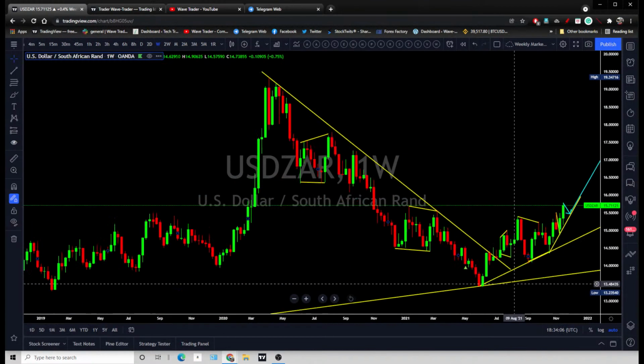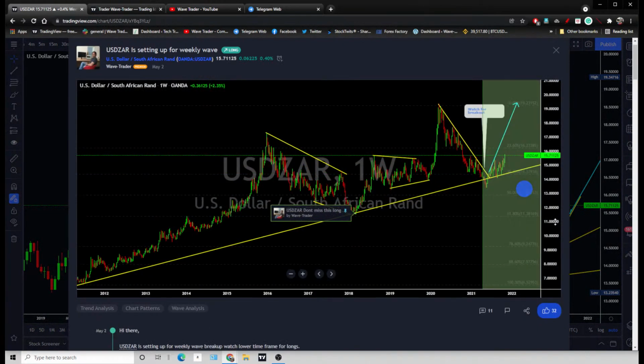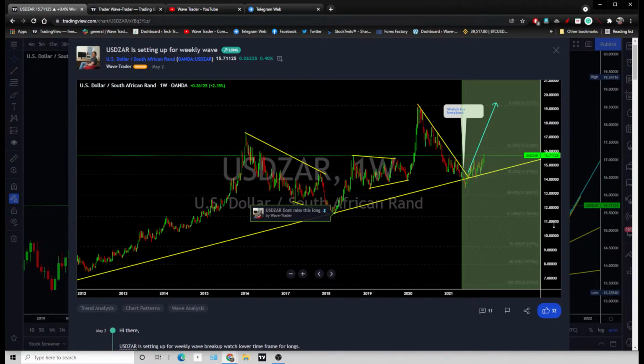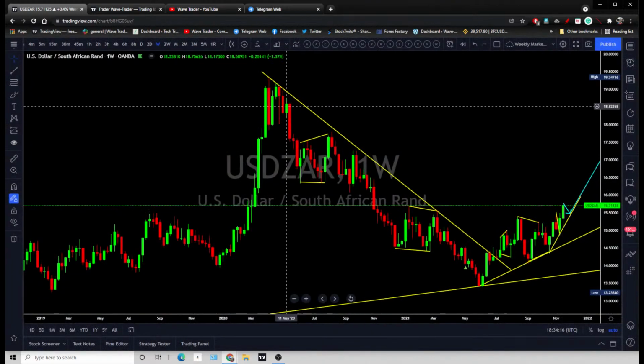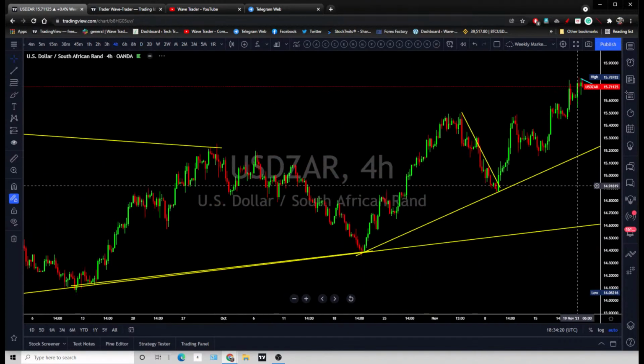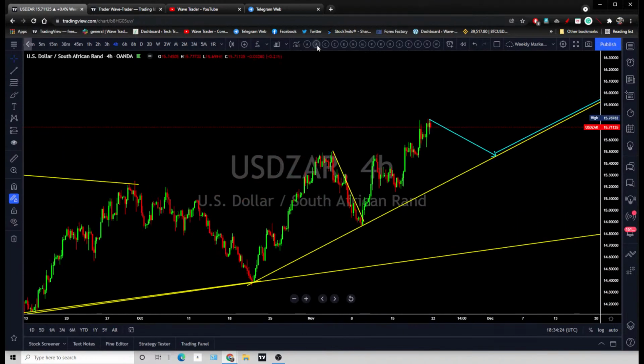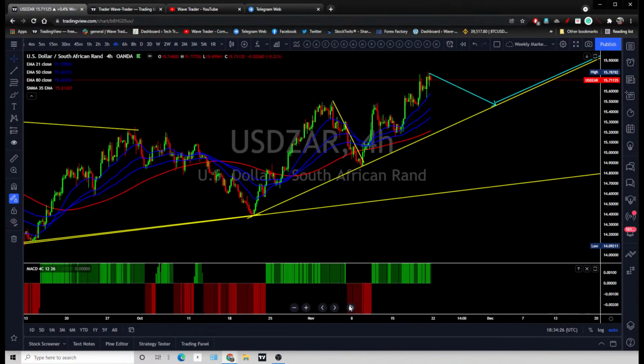Okay, but the move is slow, the breakout is slow on this weekly chart. Okay, but yes, it can continue to keep rising for more upside. Also, we are having a change in policy from the Fed, which can keep pushing this pair for more upside.